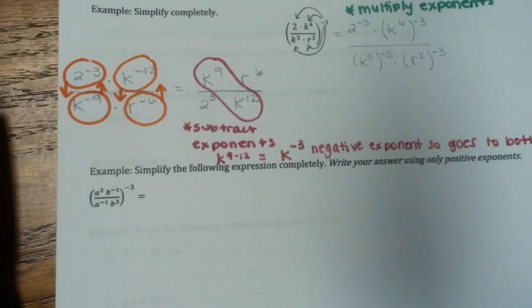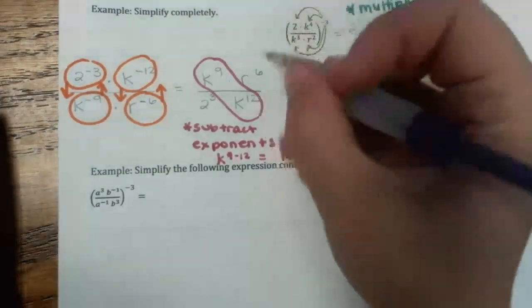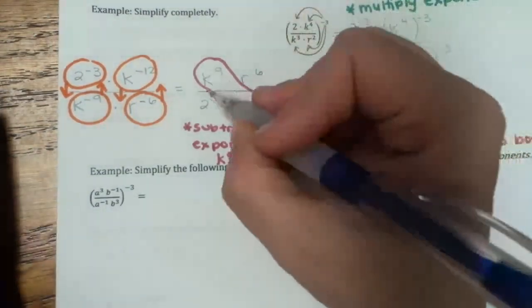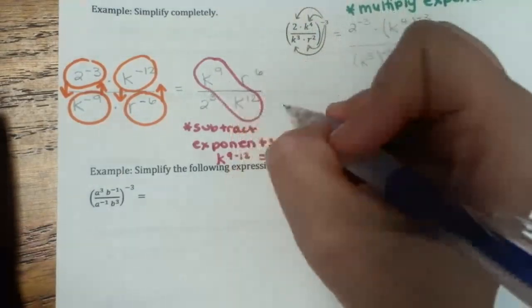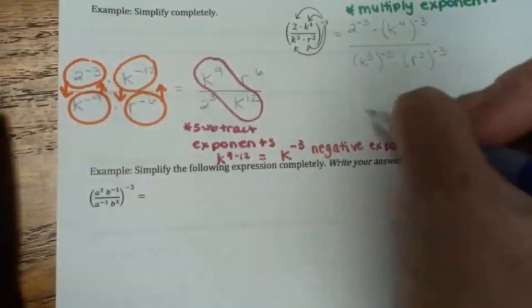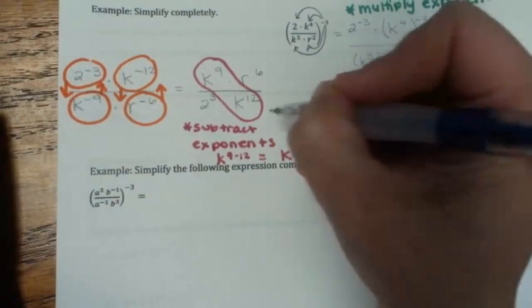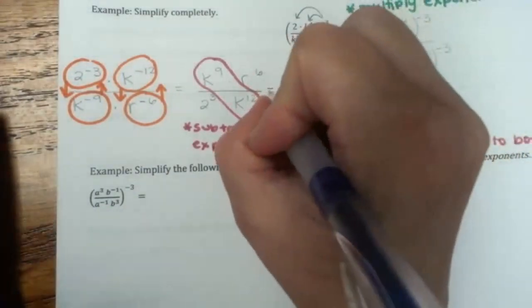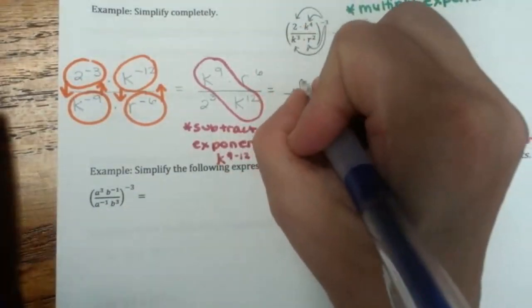Which makes sense because if we go back, we write out 9 k's up top, 12 k's on the bottom, we canceled them out. That means 3 k's are left over on the bottom. There's more on the bottom than there are on the top. So that should make sense.